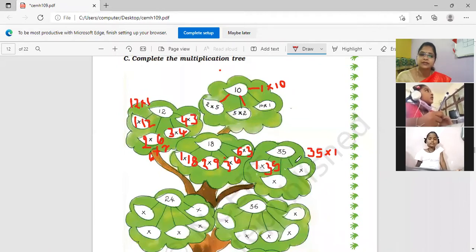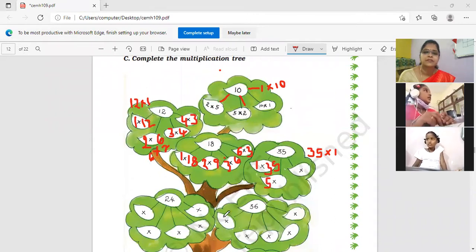Read out the 5 table. 5 ones are 5, 5 twos are 10, 5 threes are 15, 5 fours are 20, 5 fives are 25, 5 sixes are 30, 5 sevens are 35. Very good. Yes, so Rajesh also has given in chat box. So nice. 5 sevens are 35.